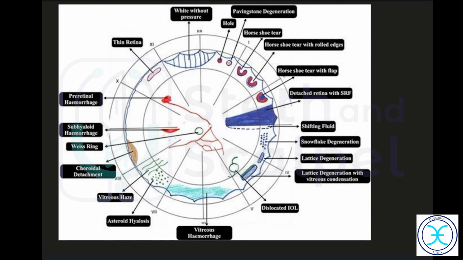Snowflake degeneration, lattice degeneration, all of those again, systemic diseases coming into your retina. The main retinal pathologies you should know are retinal vessel occlusions like CRAO and CRVO, and how to differentiate between them, the signs.